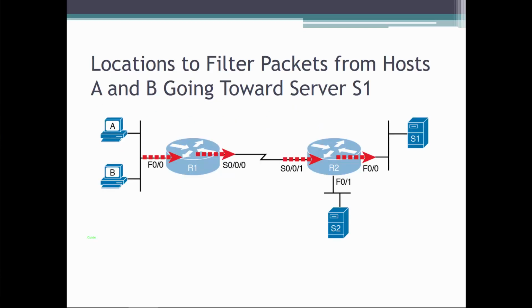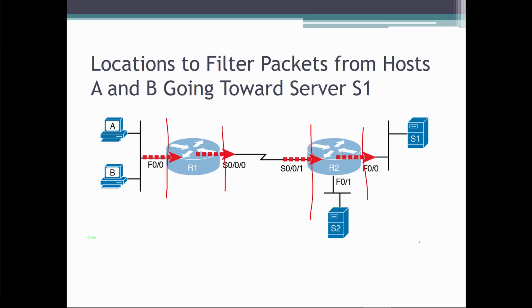The goal is to filter packets from hosts A and B going towards server 1. We can filter here, here, here, or here. The question then becomes, where should we filter it?